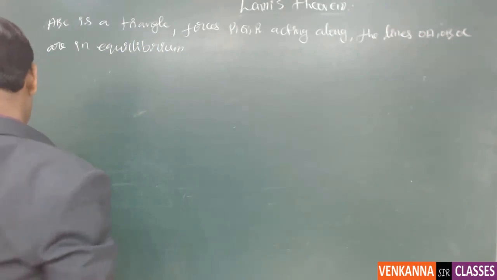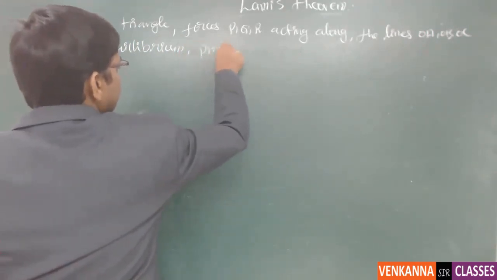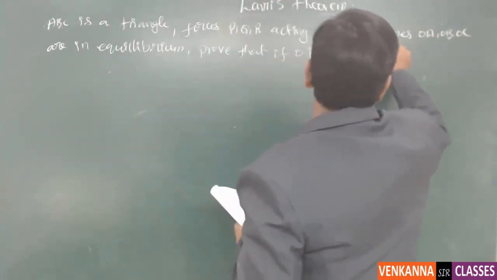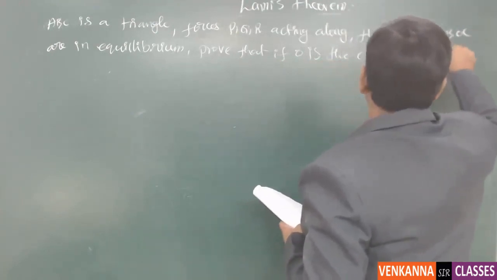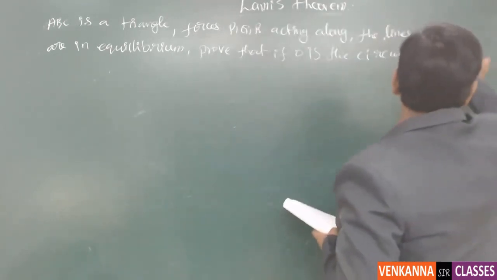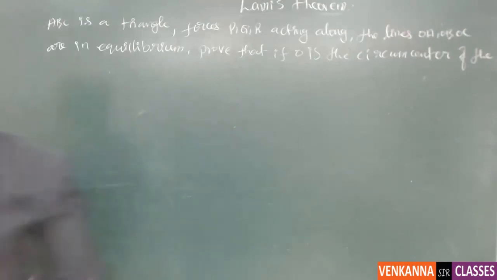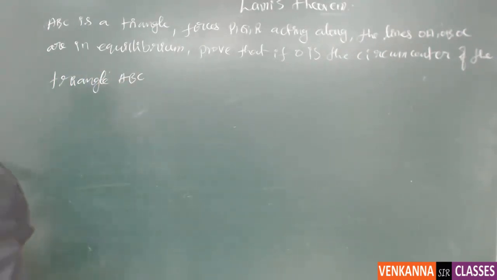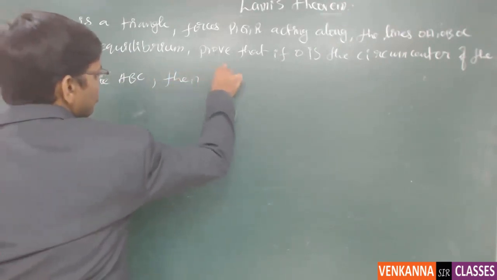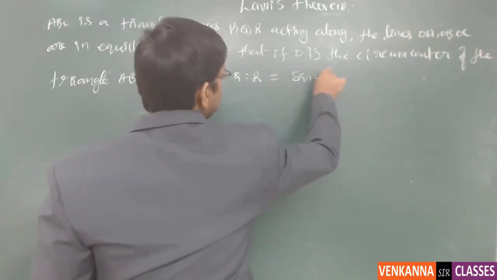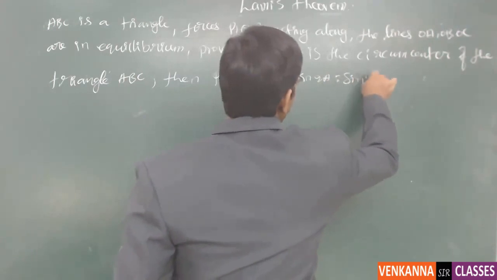Prove that if O is the circumcenter of the triangle ABC, then P is to Q is to R is equal to sine 2A is to sine 2B is to sine 2C.